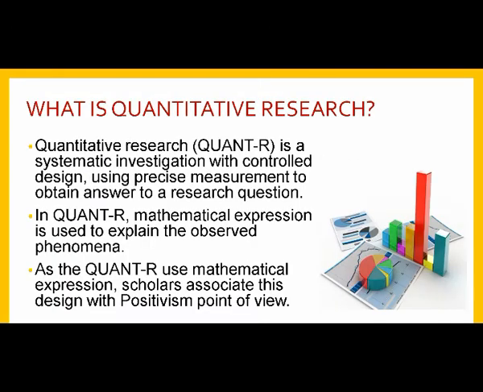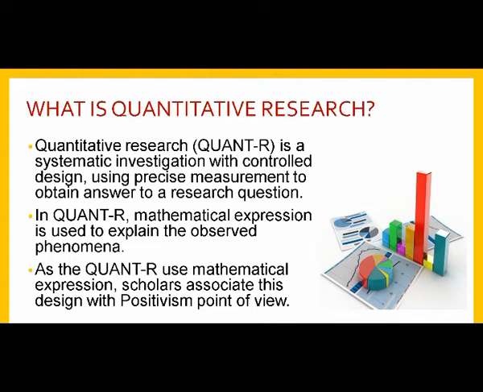Okay, before we discuss further other aspects of quantitative research, it is important for us to understand what quantitative research is about. Quantitative research is a systematic investigation that uses precise measurement to obtain answers to a research question.